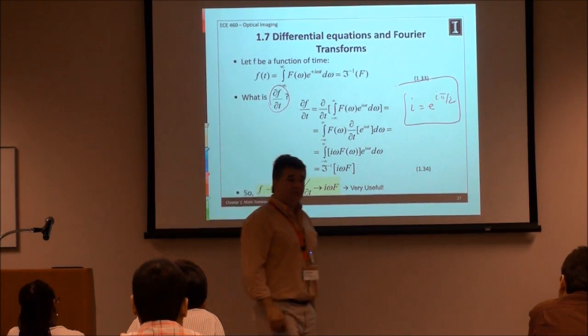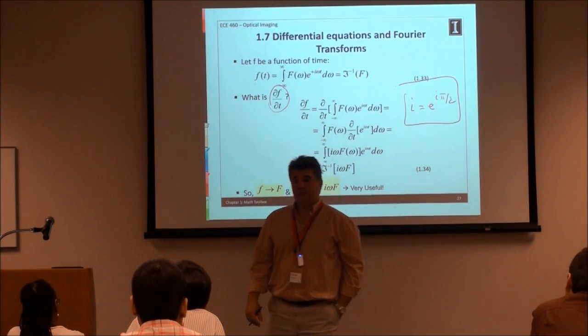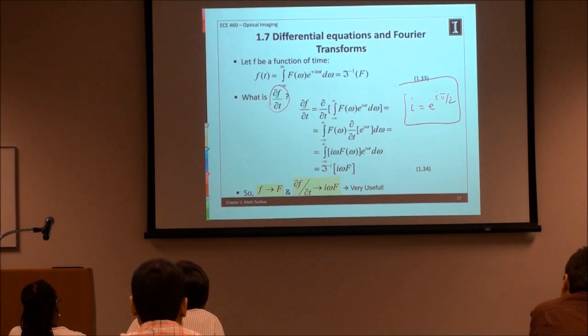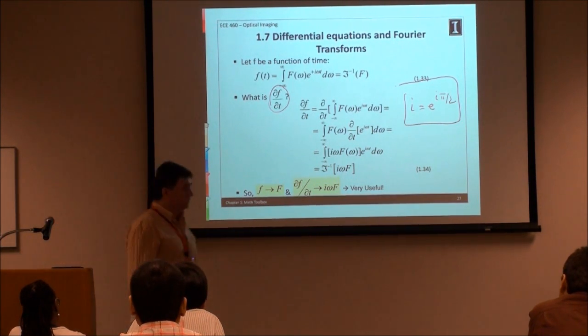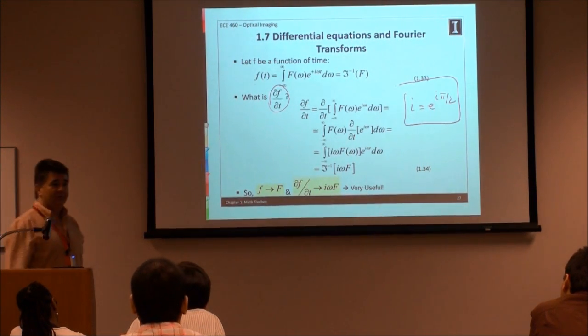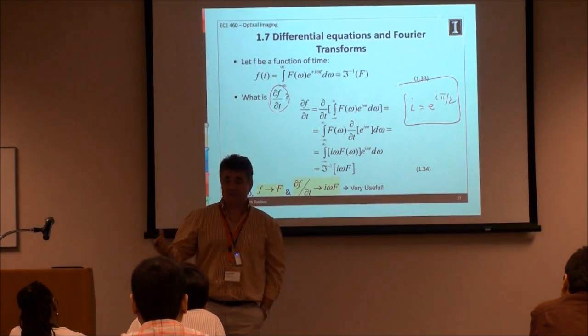So it's a pi over 2 shift. That's very important. That pi over 2 makes all the difference in linear systems. It makes the difference from dissipating your signal to conserving your signal, for instance.